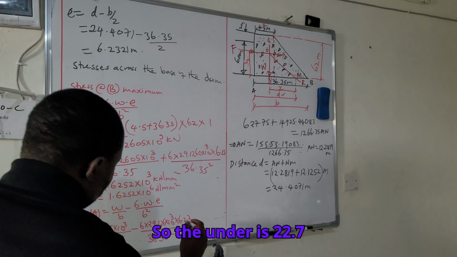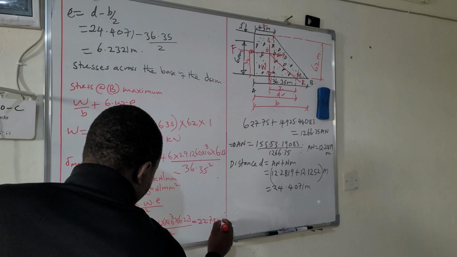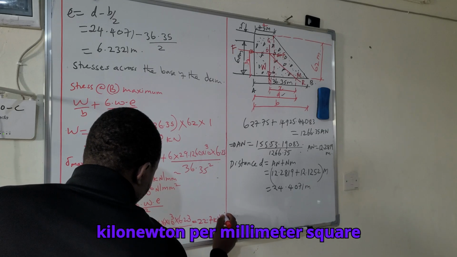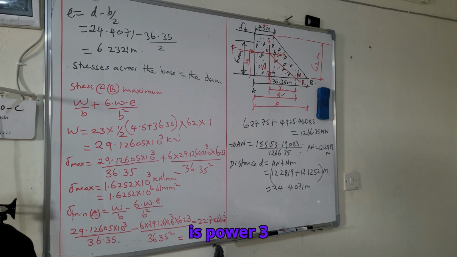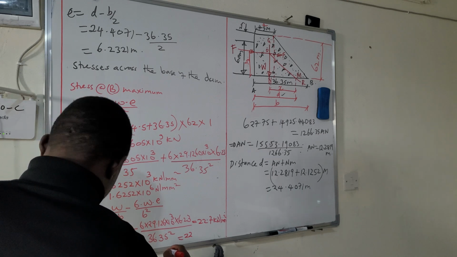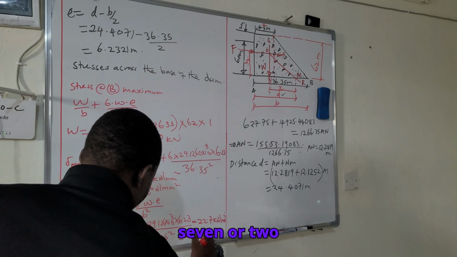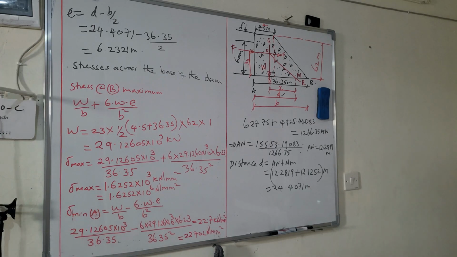So the answer is 22.7 kilonewton per millimeter square, which will be times 10 raised power 3, 22.702 Newton per millimeter square. So that is the answer, and that marks the end of that question.